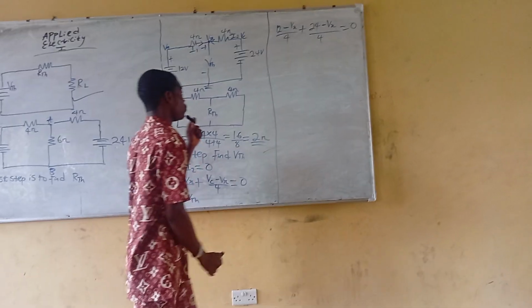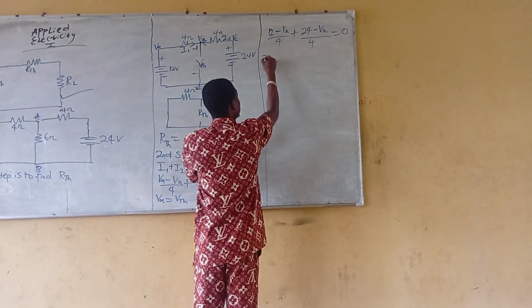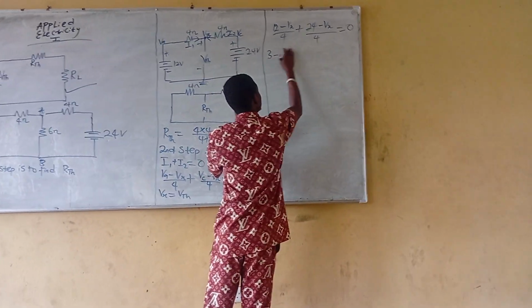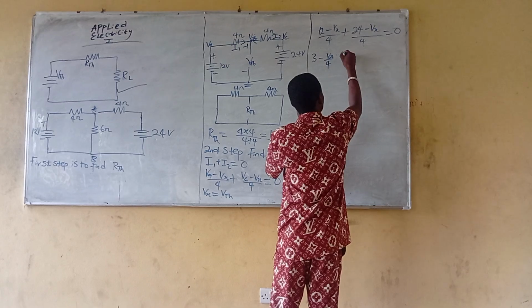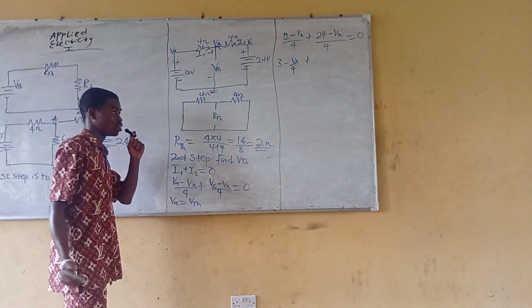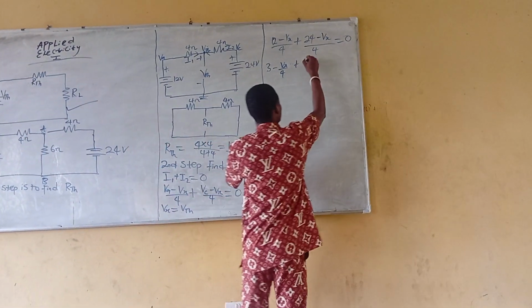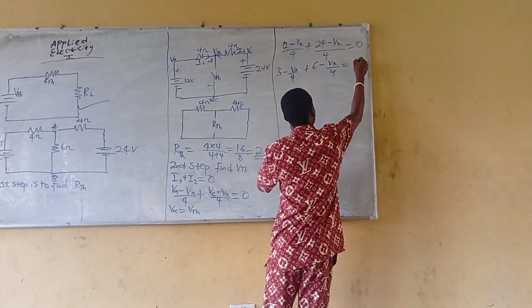Solving for Vx using your algebraic sense. So this will be 3 minus 1 over 4 Vx. So this will be Vx over 4. Then plus 24 divided by 4. 24 divided by 4 will give us 6. 6 times 4 is 24. So that's plus 6 minus Vx over 4 equals 0.